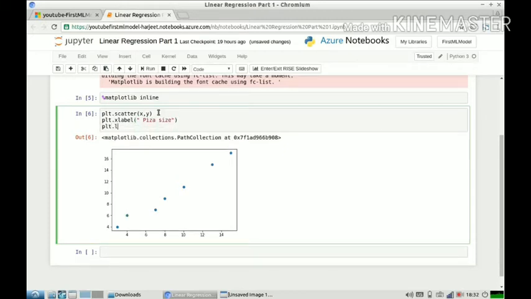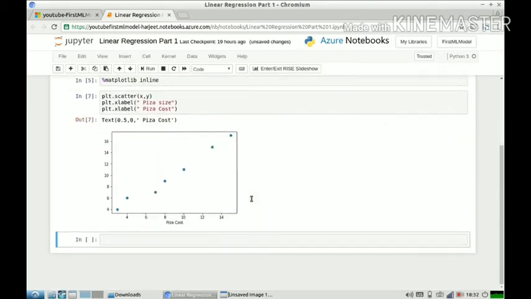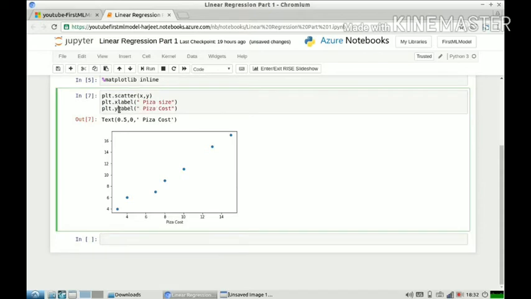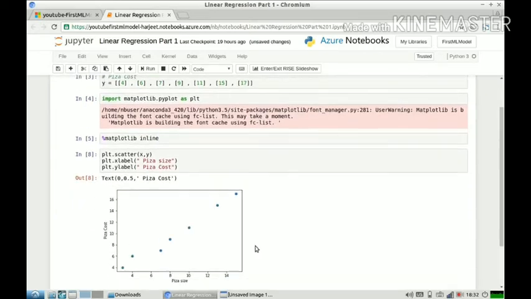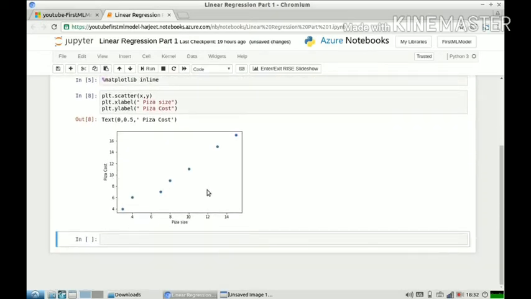On the y-axis, we have pizza cost. So you can see that there is a linear relationship between pizza size and pizza cost variable.